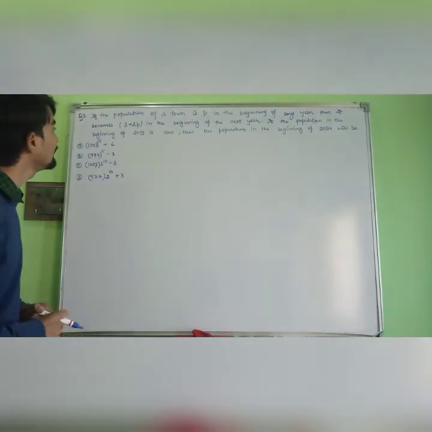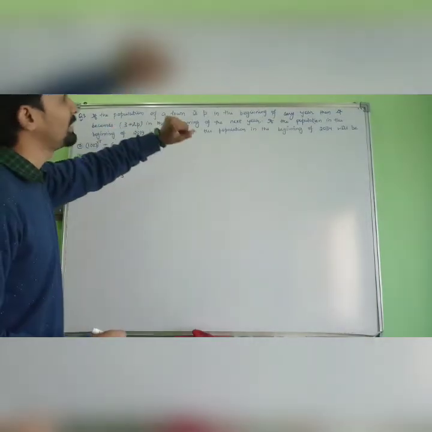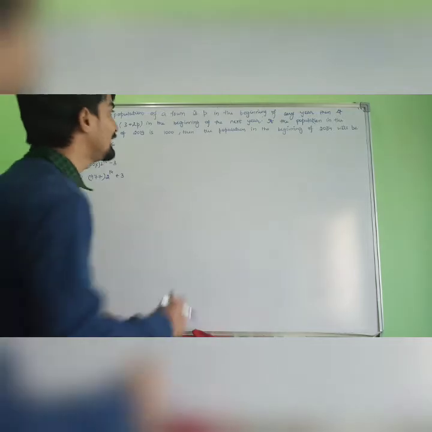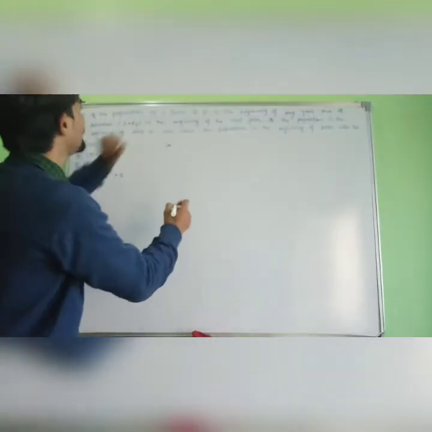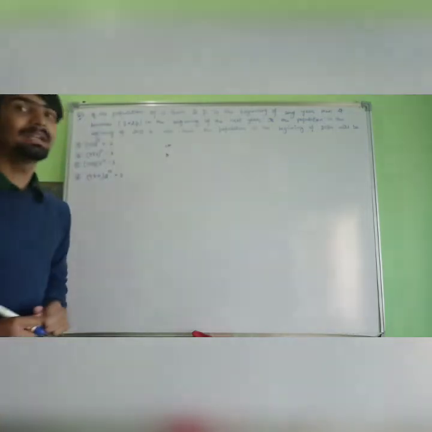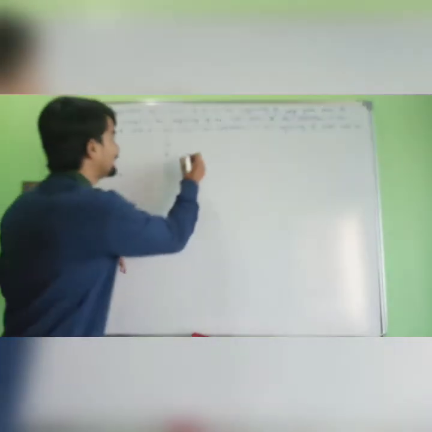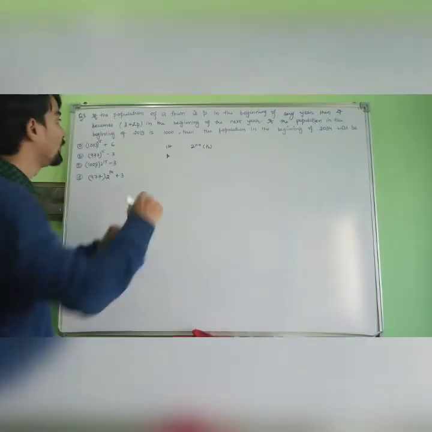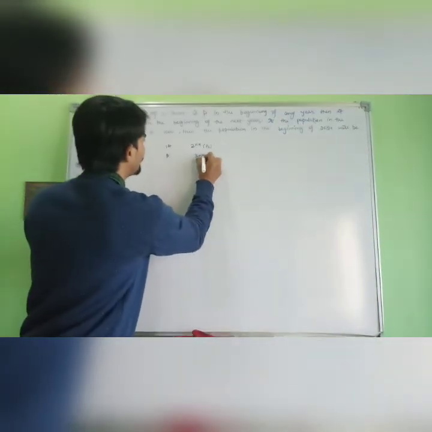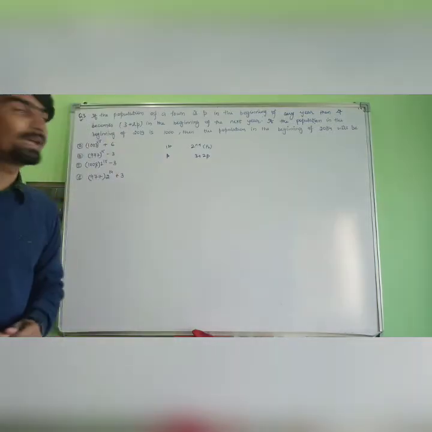As the question is saying, the population of a town is P in the beginning of any year. So let's say, in the beginning of the first year, the population is P, right? So in the beginning of the second year, say P2, the population will be 3 plus 2P. Okay.